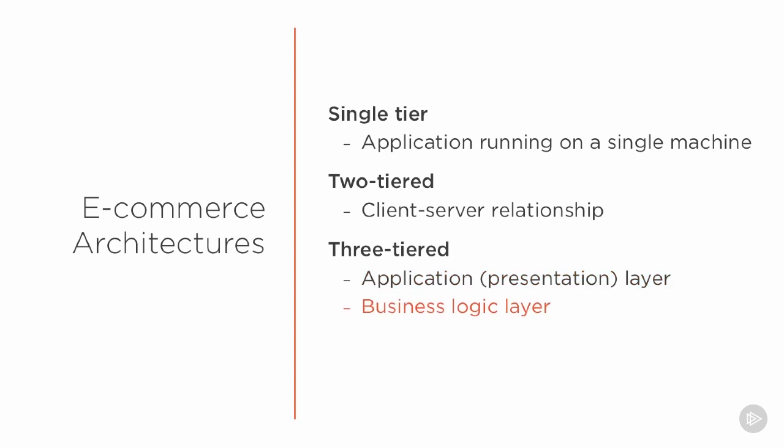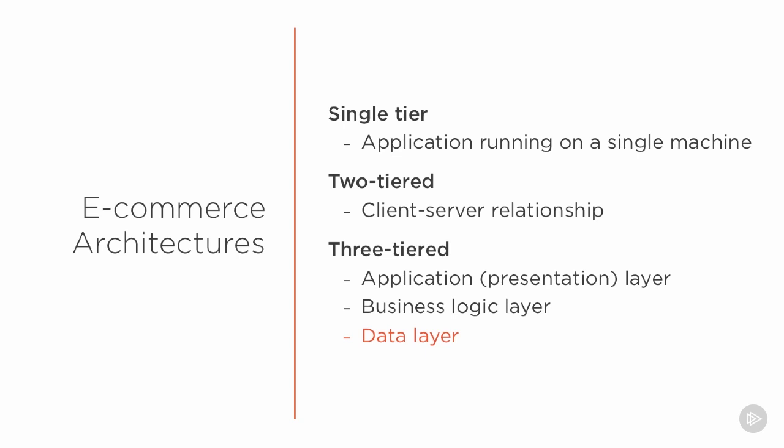Underneath the application layer, we have the business logic layer. This is where we're actually doing all of the logic that is used to prepare the data for presentation at the application level. And then underneath that, we have that third tier, where the data is actually being stored.